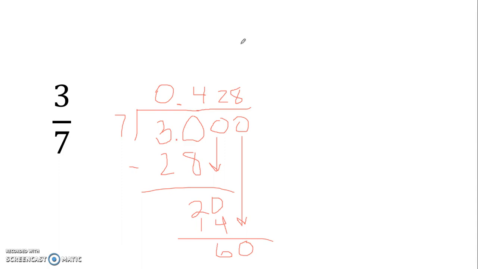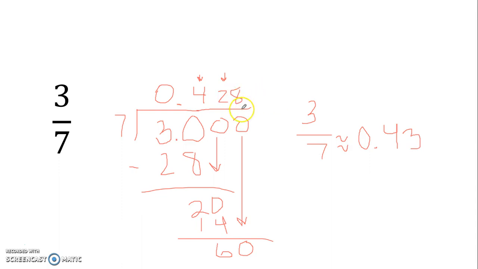So if I ask you to round to the nearest hundredth, this is the hundredths place. We know that 3/7 is approximately equal to 0.4, and we need to round because 8's bigger than 5, so 3, okay?